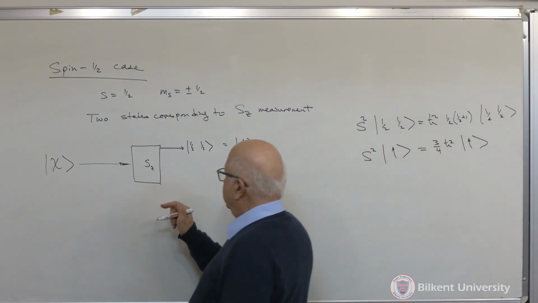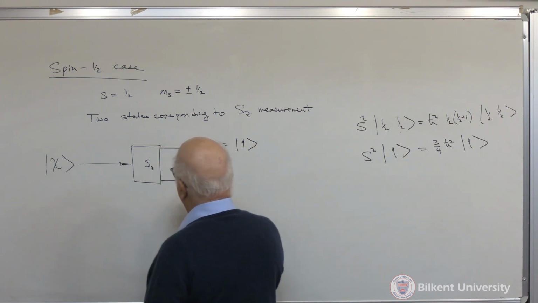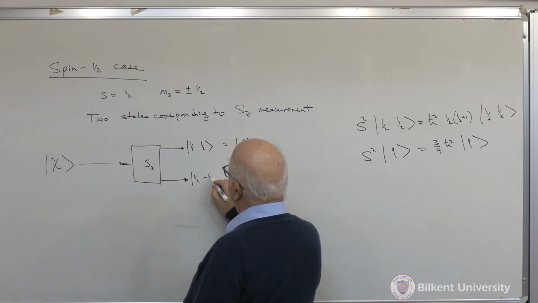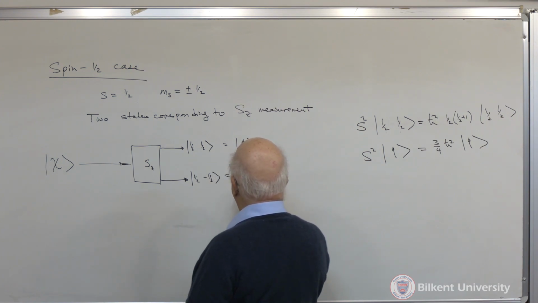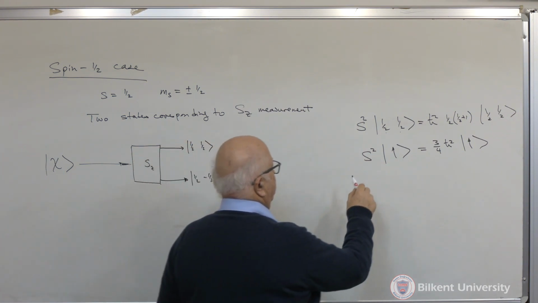Then the other possibility is S_z equal to minus 1/2. So that's what we are going to call a downspin. I can play the same game here.